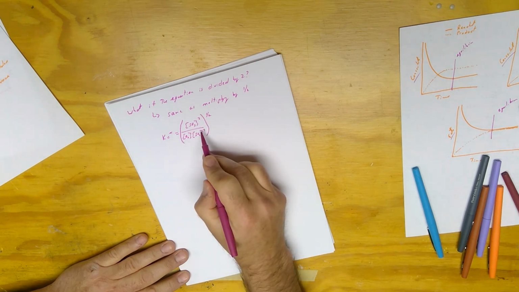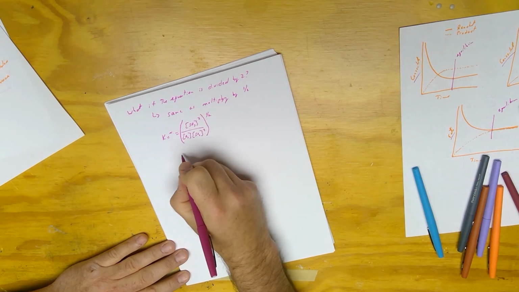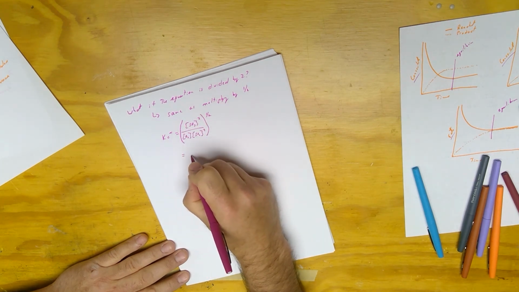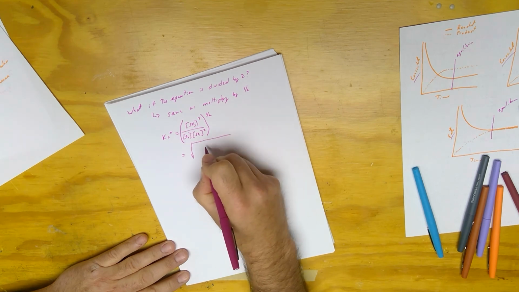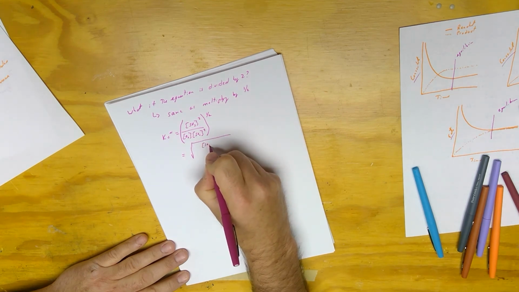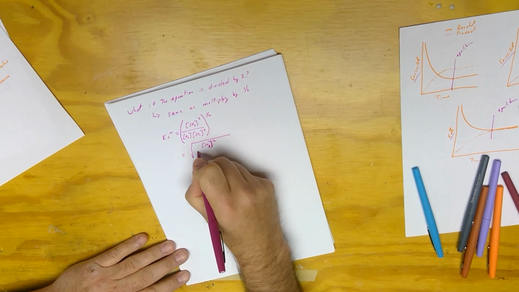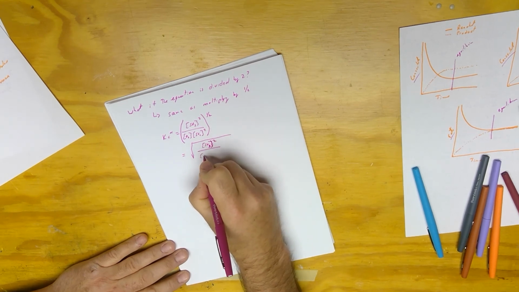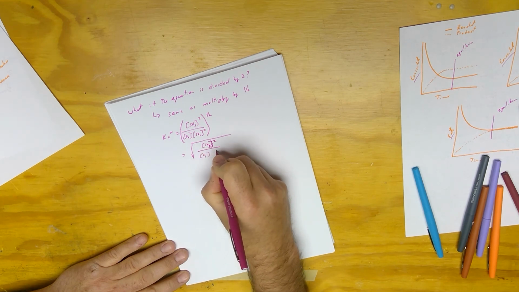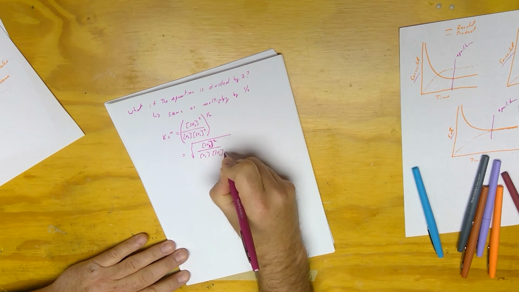Well, mathematically, what are we doing here? We're really taking the square root of the concentration of SO3 squared all over the concentration of O2 times the concentration of SO2 squared.